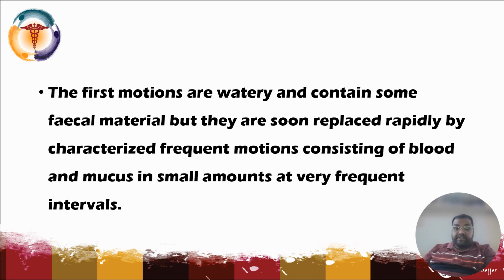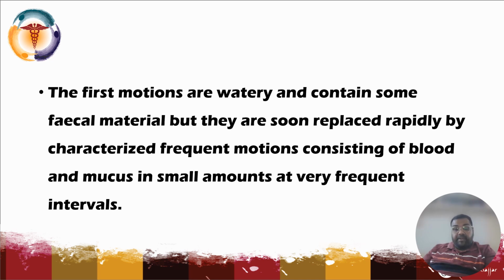First a watery diarrhea containing some fecal material, and then rapidly replaced by frequent motions with bloody diarrhea or mucus diarrhea. It happens in small amounts, but the frequency is much more.